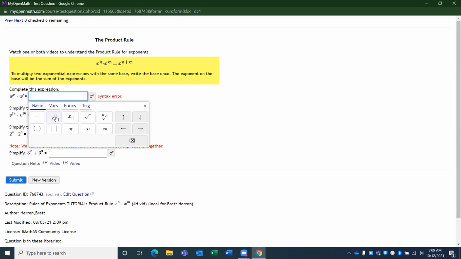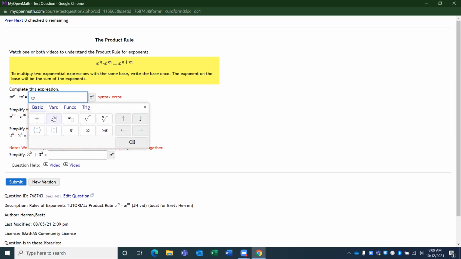Bizarre. For some reason, when you do the plus, it drops down to the baseline. It doesn't do that other times. I don't know if they messed with the tool here. So the best way to do this is to put in the W, click the power button, then put PR, and then back up and put the plus.